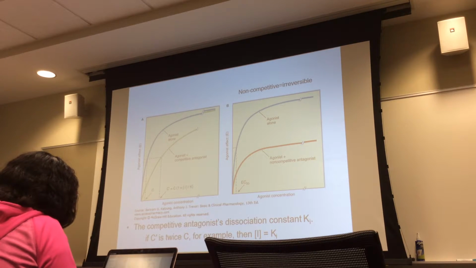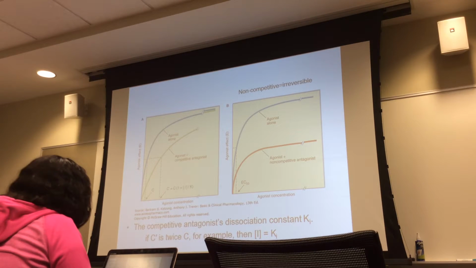What does that mean? Ki is the dissociation constant, and I is the inhibitor concentration.